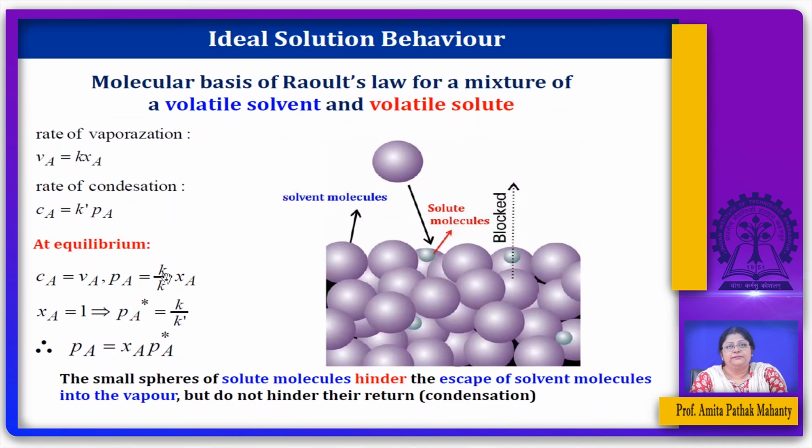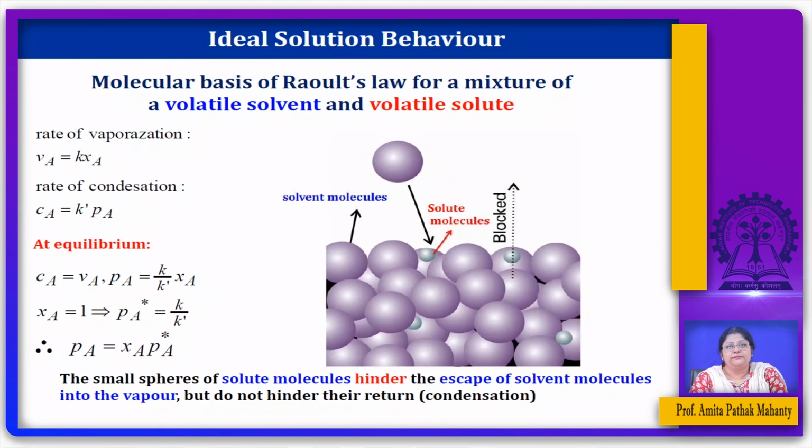Right? Now in this equation, PA, the partial vapor pressure of A, is nothing but the K by K prime ratio, which is some constant, into the mole fraction of A. Suppose you reach a condition where the mole fraction of A is equal to 1. What does that mean? The mole fraction becoming equal to 1 means the sum of all the moles is equal to 1.